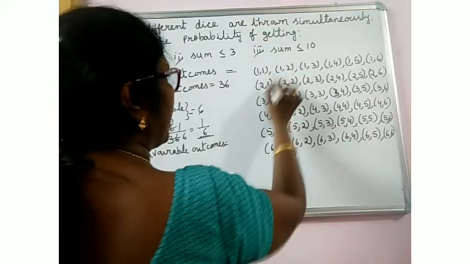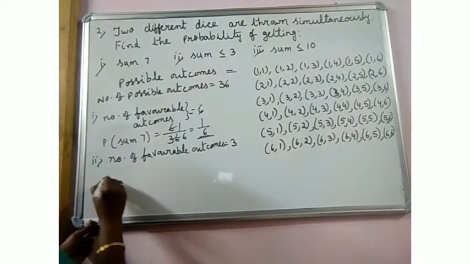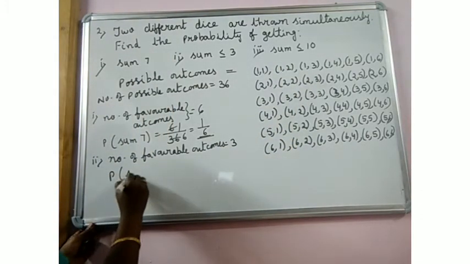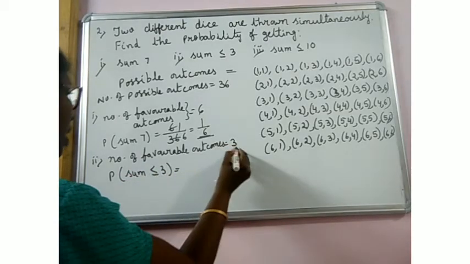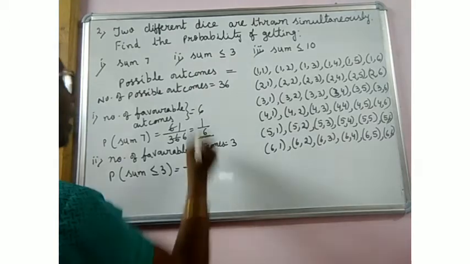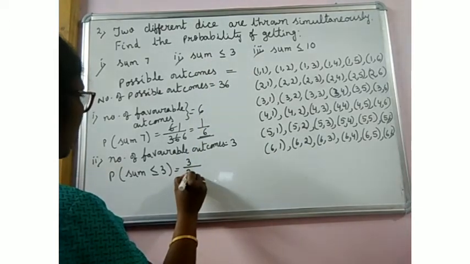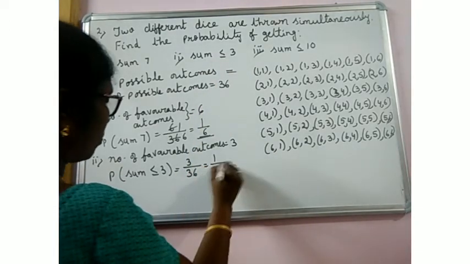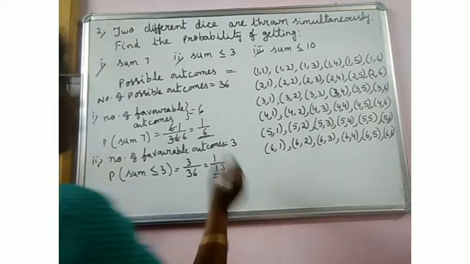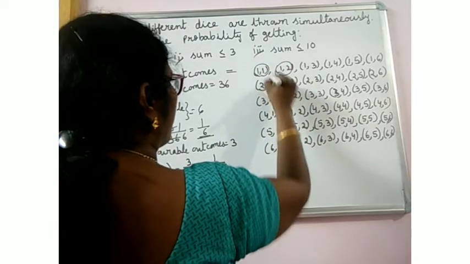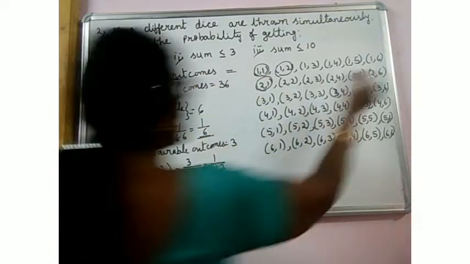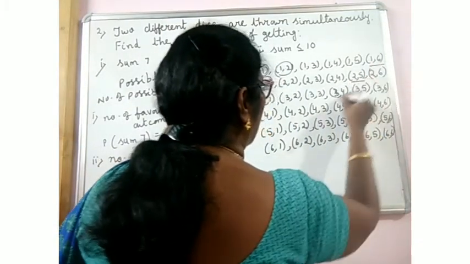No more, so only these 3. So the probability of the sum less than or equal to 3 is, favorable outcomes 3 and possible outcomes 36. That is 1 by 12.